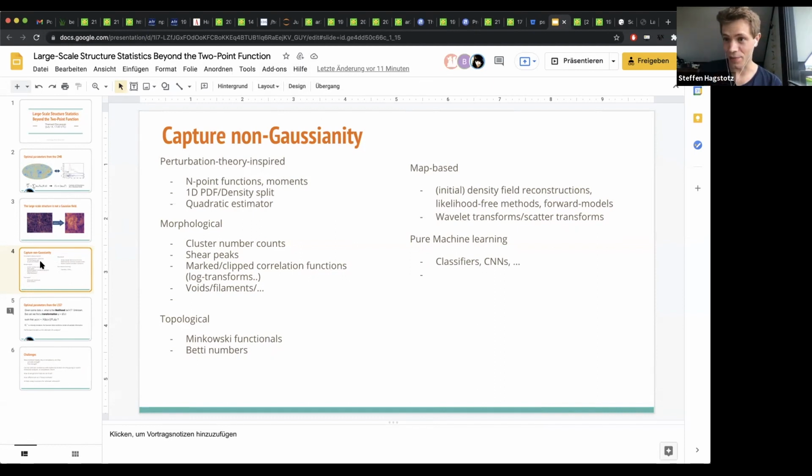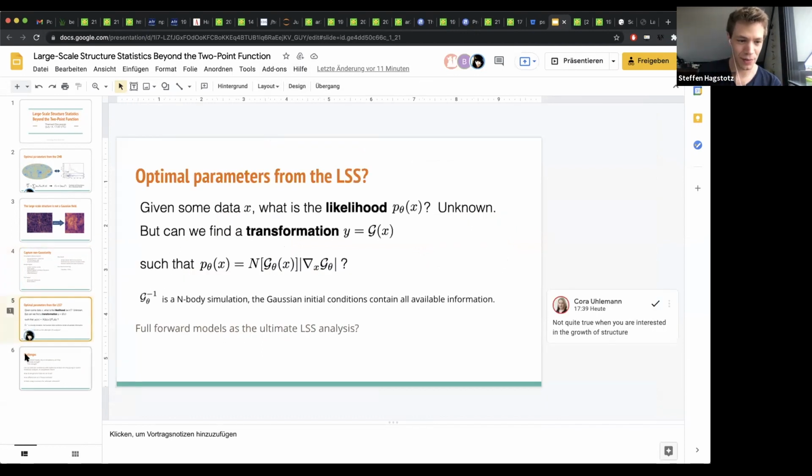All right, yeah, so because we were talking about basically extracting the full information, I wanted to very briefly talk about this. So Cora already complained, and I agree with her. But okay, so this is something that you will sometimes hear. Basically, we know that in the initial conditions, non-Gaussianity aside for a moment, the power spectrum contains all of the information that we can get out.